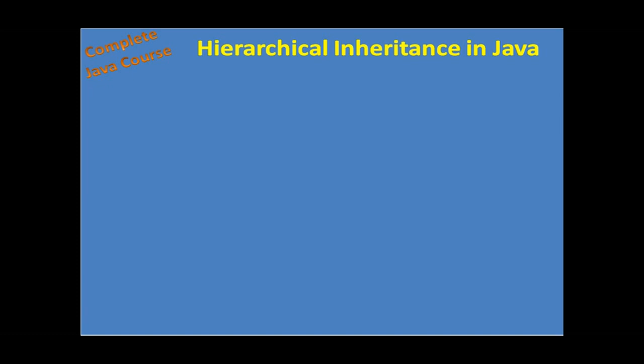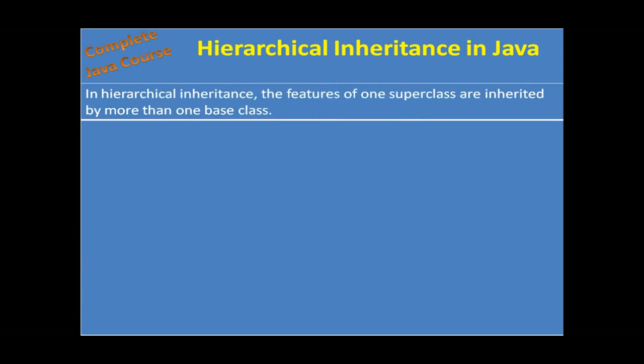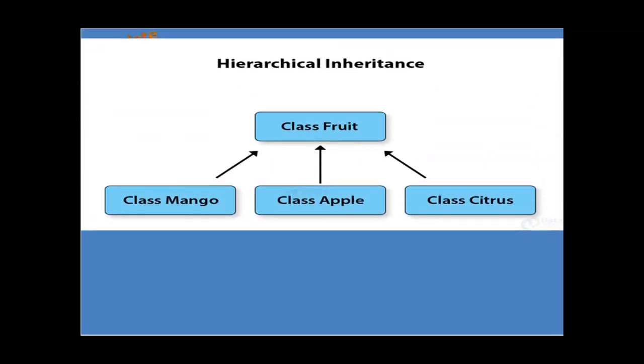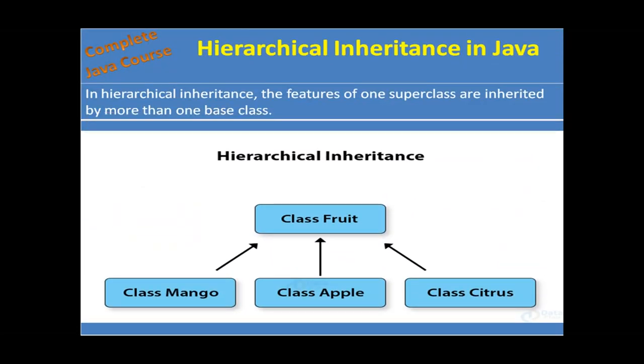Now next one is hierarchical inheritance in Java. In hierarchical inheritance, the features of one superclass are inherited by more than one subclass. Okay, so in hierarchical inheritance, there is one class and there are multiple subclasses.